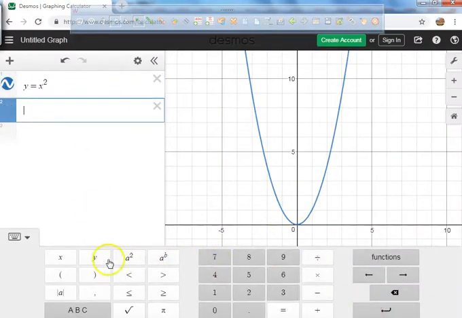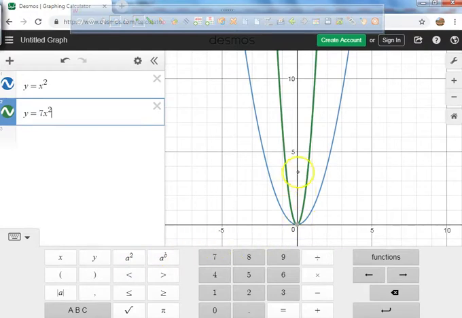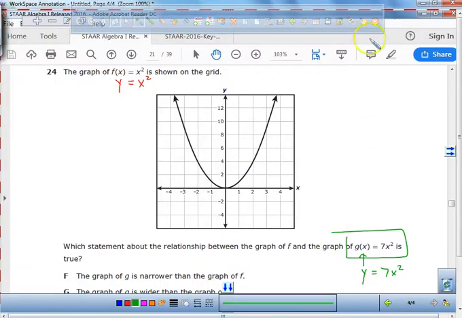We're going to put y equals 7x squared. So why don't you guys tell me something? You guys notice the difference between the two graphs? More narrow. Do you agree that this one is more narrow? I would say so, yes. All right. So we agree that this graph, g of x, is more narrow than f of x.